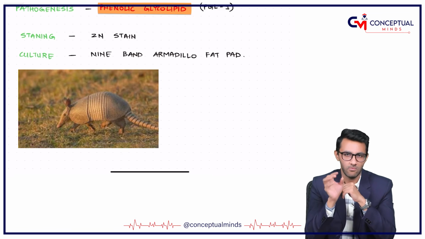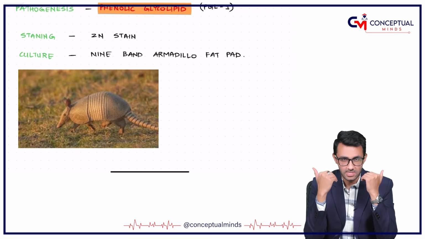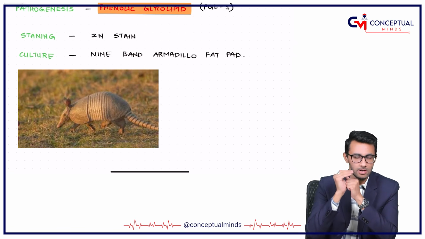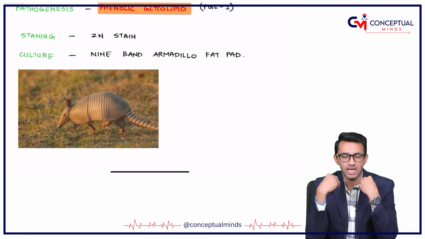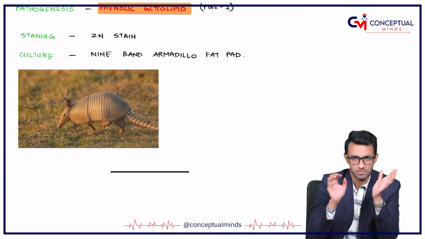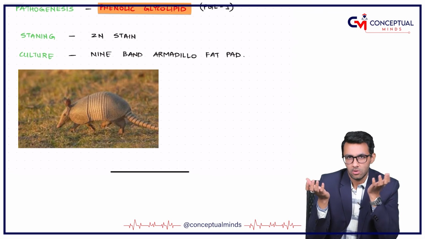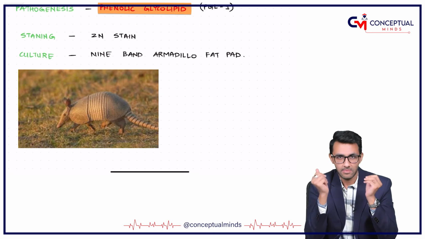The indeterminate type is where the body's cell-mediated immunity has not yet decided what to do with it. The bacteria is offending the body, but it has not produced any response as such, not even a mild response. It is there, but it is not being addressed by the immunity. Okay, that is the indeterminate type.